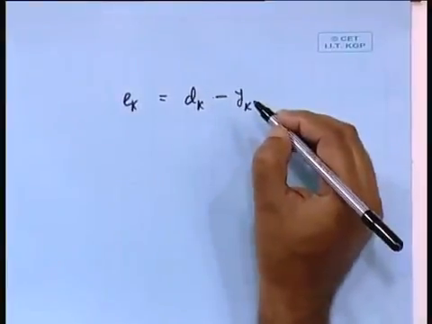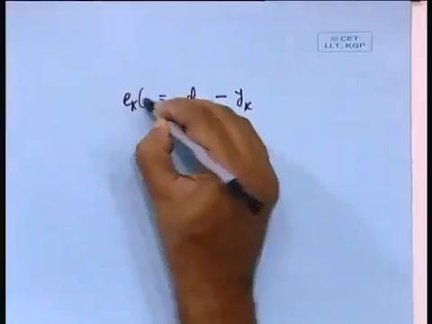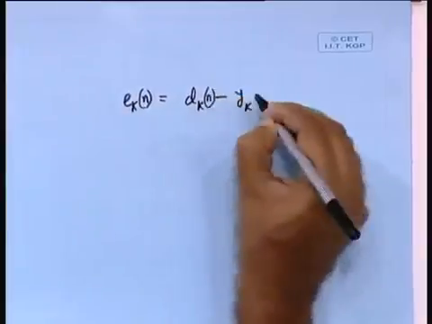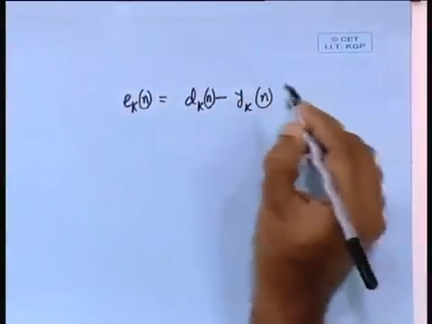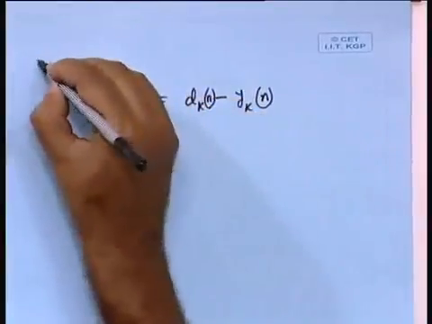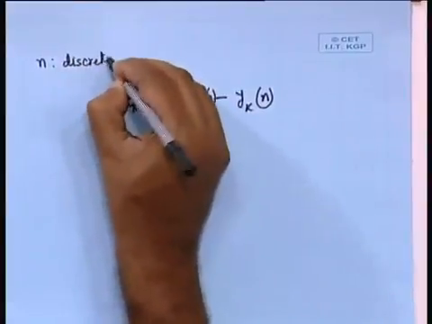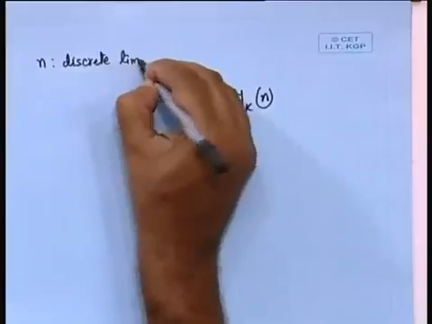And in fact, a more customary way of writing this type of expression is that we put in parenthesis this n. And what does this n mean? This n indicates the discrete time step. So n is the discrete time step.